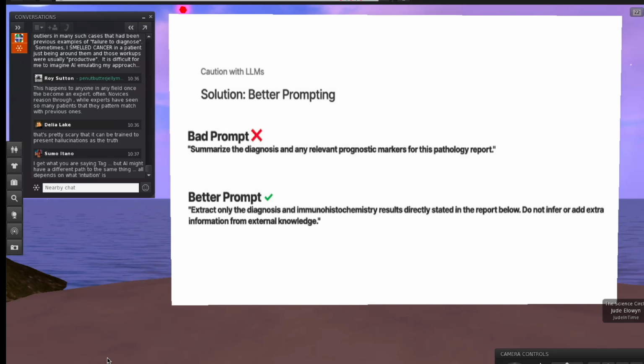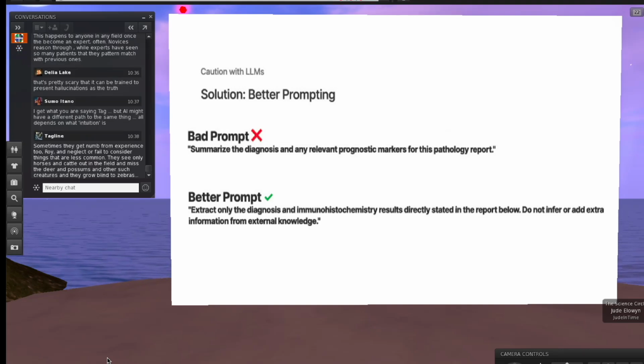For example, with this prompt, if we just told the LLM to summarize the diagnosis and the relevant prognostic markers, it might run into those errors in which it starts hallucinating that this information was present based on the information that it was trained on. But if we are specific about telling the LLM that we only want the information from the report, then it's highly likely that the LLM will not hallucinate. Fine-tuning will probably improve this as well.